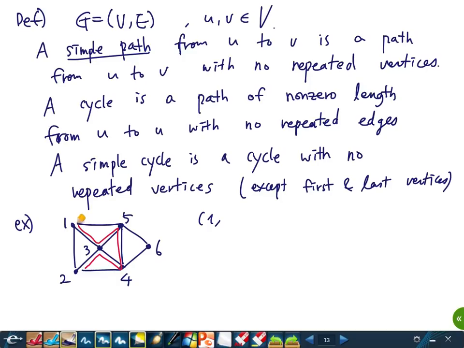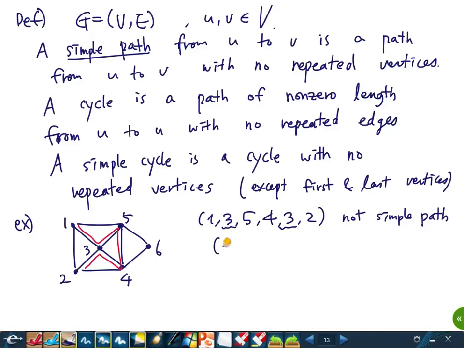Starting from 1, and then 3, and then 5, 4, 3, 2. This is a path, but not a simple path. Why? Because we have repeated vertices. 3 is repeated twice. It is a path, that's fine, but not a simple path.